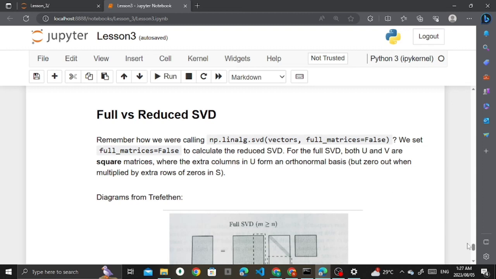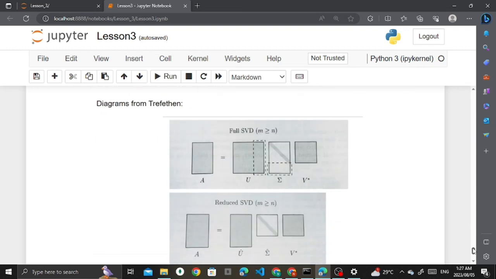Here you can see these dotted things are actually columns that don't directly depend on your data or on the matrix you are decomposing. You are also adding rows of pure zeros to your singular values.